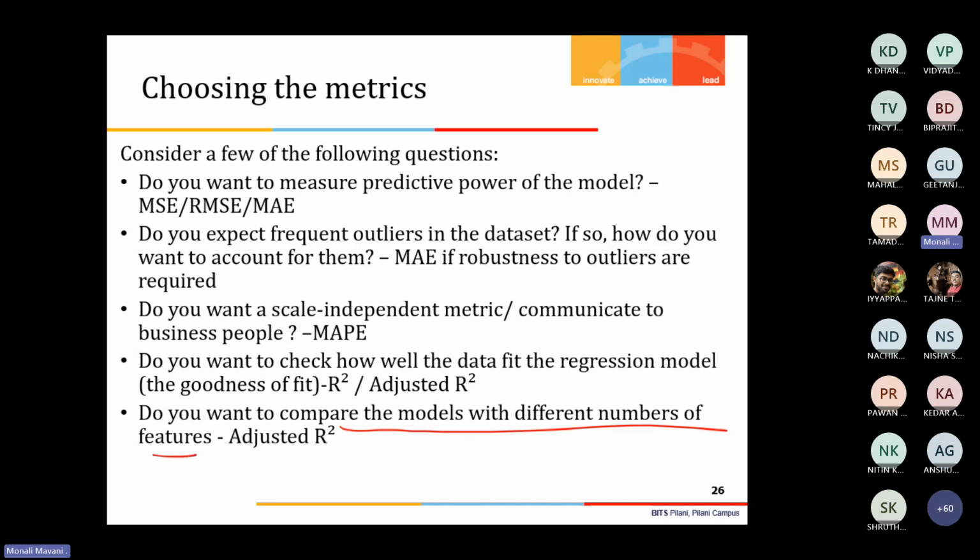You want to deploy, and while deploying you also want to reduce the footprint. More features means the footprint of that model is going to increase. So a lot of considerations come into the picture when you actually deploy it. So that way it will help you to make a decision in model selection.